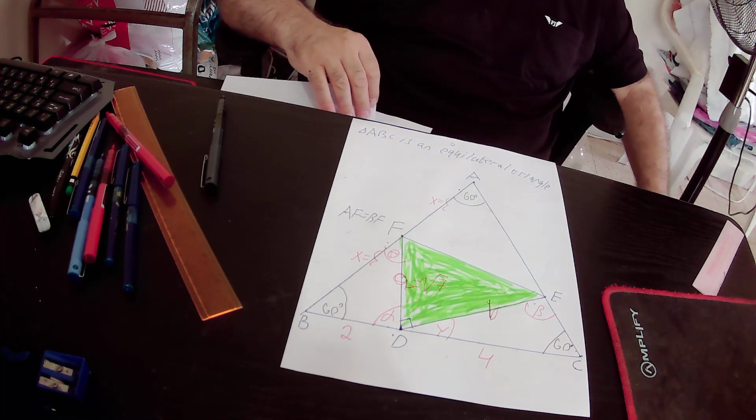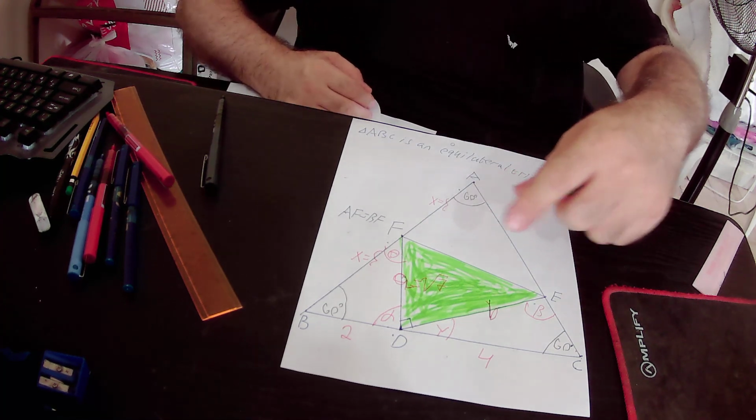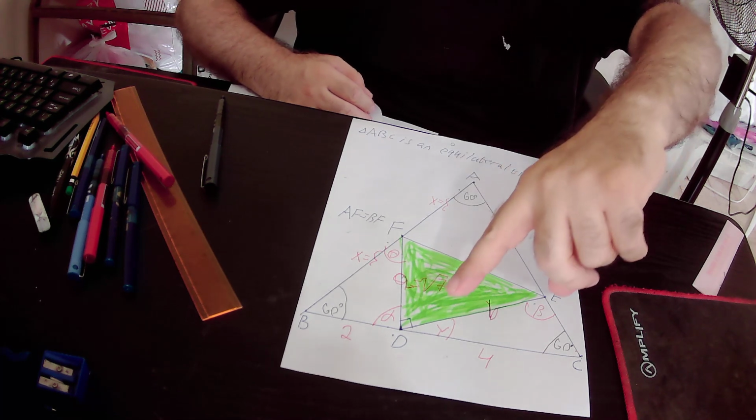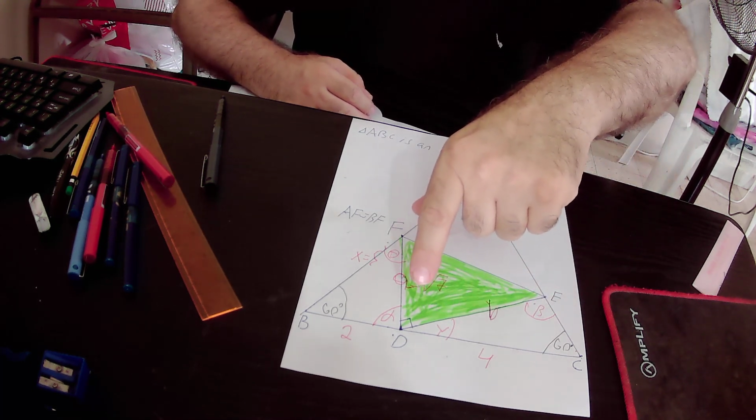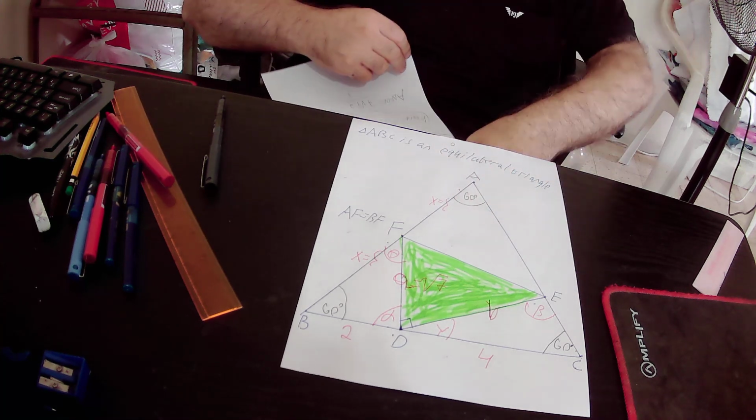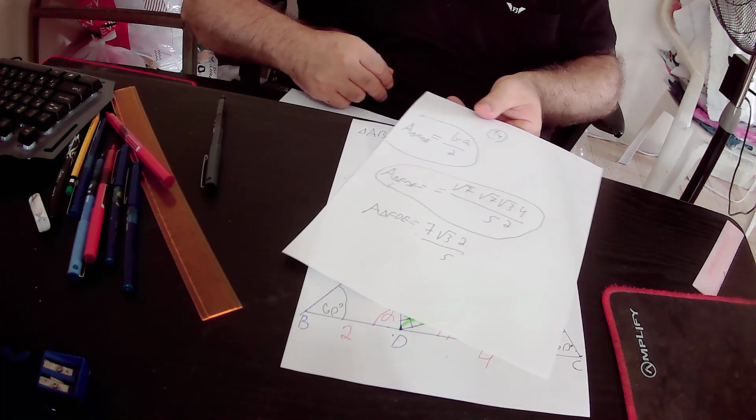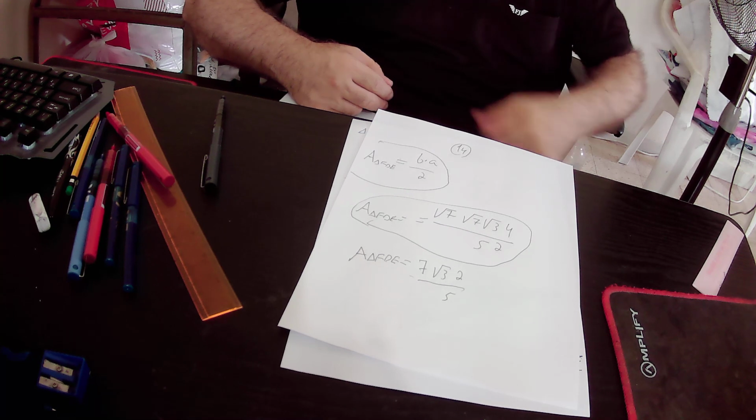But we know that the area of the green triangle FDE equals the base of the triangle, that is B, times the height to the base, that is A, over 2. Okay, the area of the green triangle equals B times A over 2.